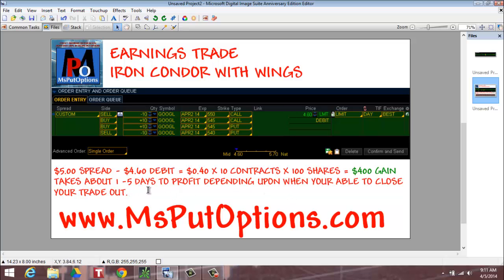This is the reason why MsPutOptions cannot be on a flight and trying to place this trade at the same time, because as we all know, the internet doesn't work very well on the airplane. This is not a recommendation, but this is how you do an earnings trade. Iron Condor with wings, and this is customized.